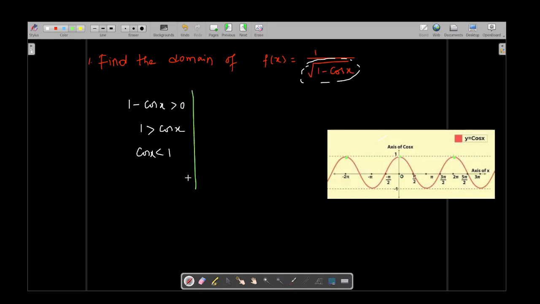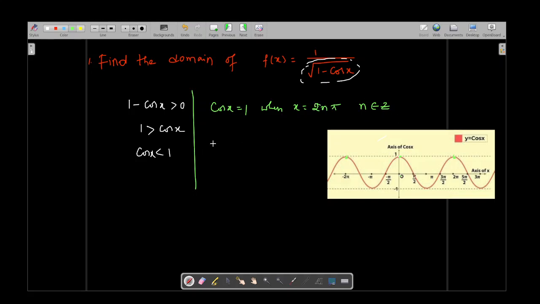Cos x is 1 when x is equal to 2n pi and n belongs to integers, like minus 2 pi, minus 4 pi, minus 6 pi, plus 2 pi, plus 4 pi, plus 6 pi, and 0 as well.